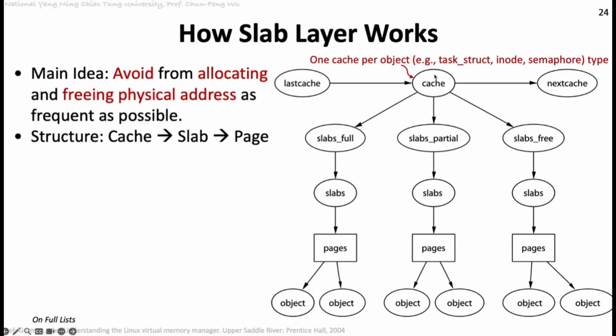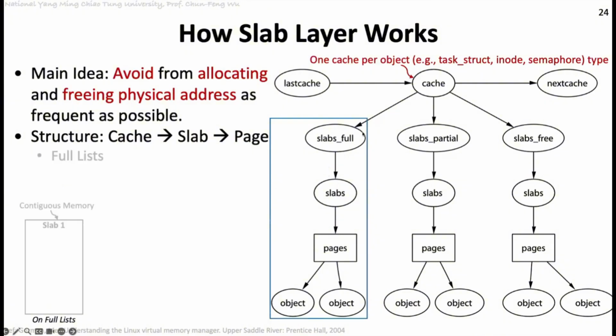But this cache cannot be used to accommodate an inode or semaphore. Inode has its own cache. Semaphore has its own cache. Okay, so like this. And inside this cache, there are several lists. There are three of them: one is full, then partial, and then free.